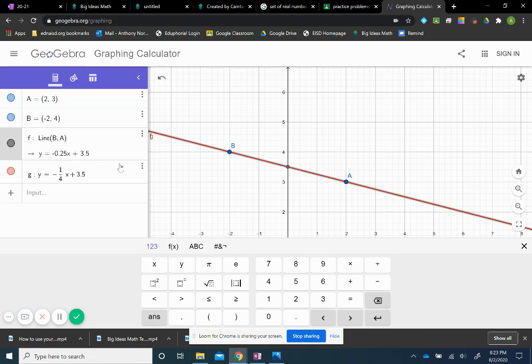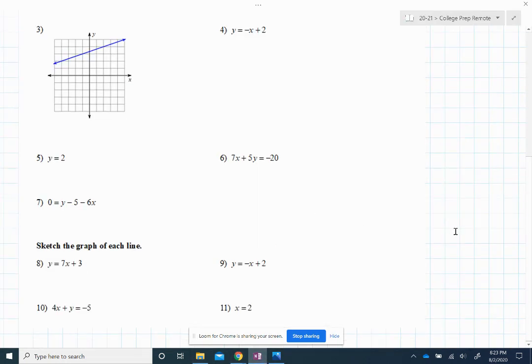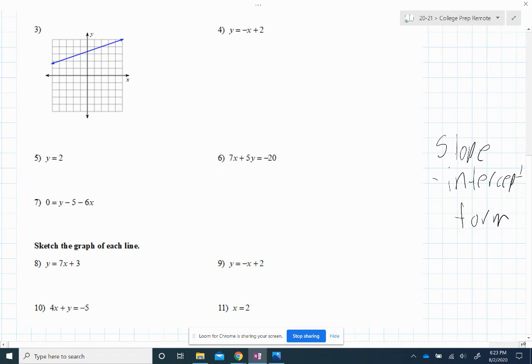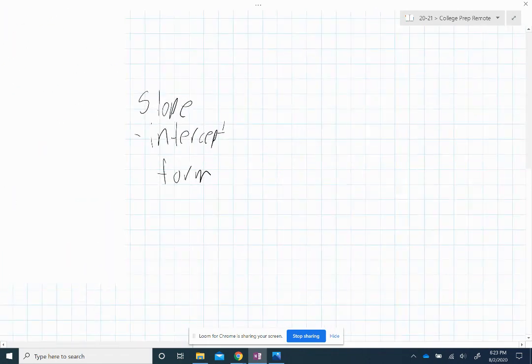So this brings us to our slope-intercept form. In slope-intercept form, y equals mx plus b.